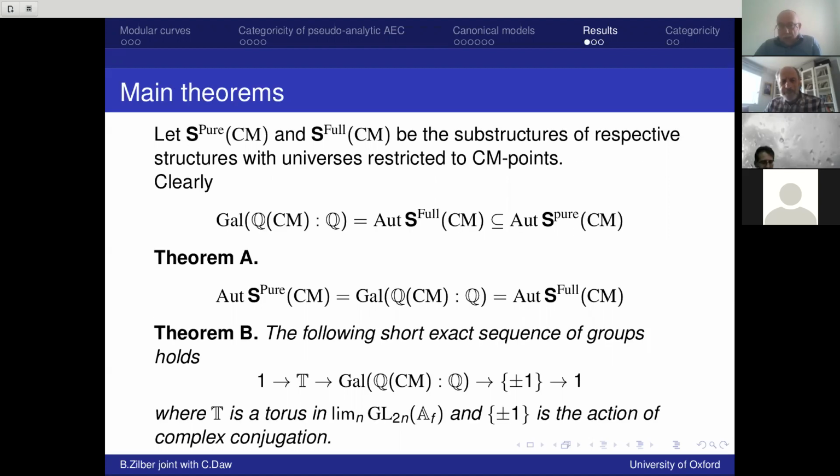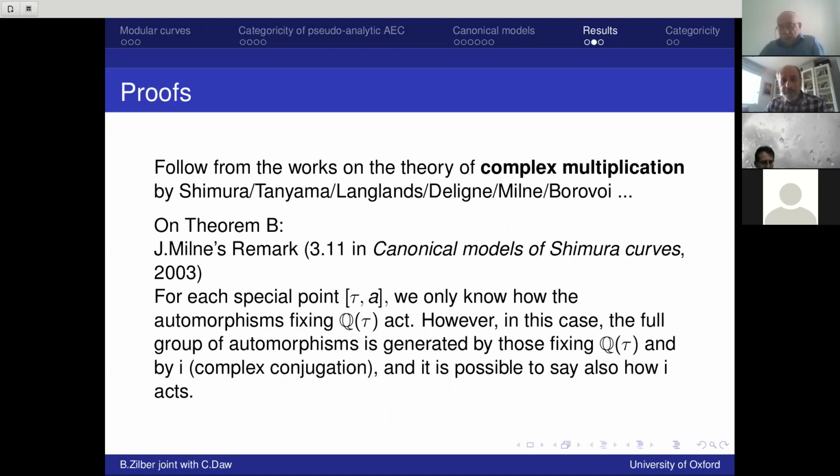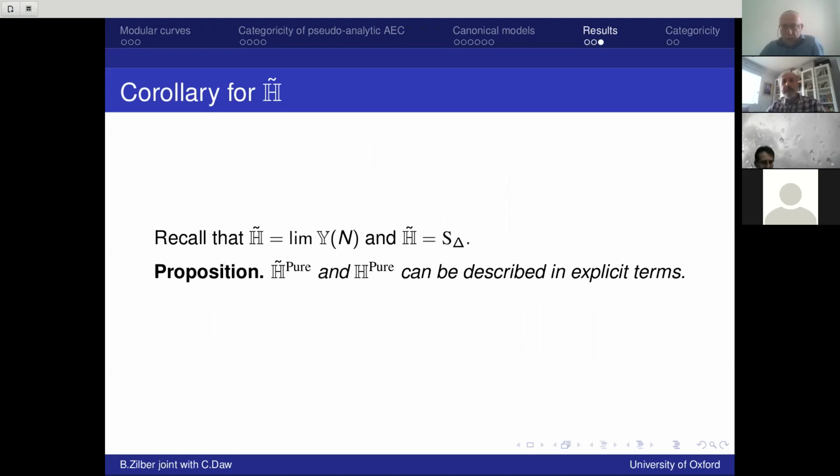But we see that in fact this theorem follows from theorem A. Theorem B follows from theorem A and well-known facts, but not the other way around. Okay, and that's the difference.